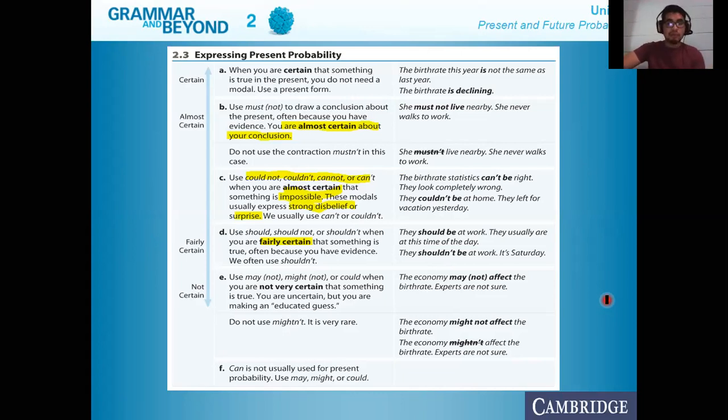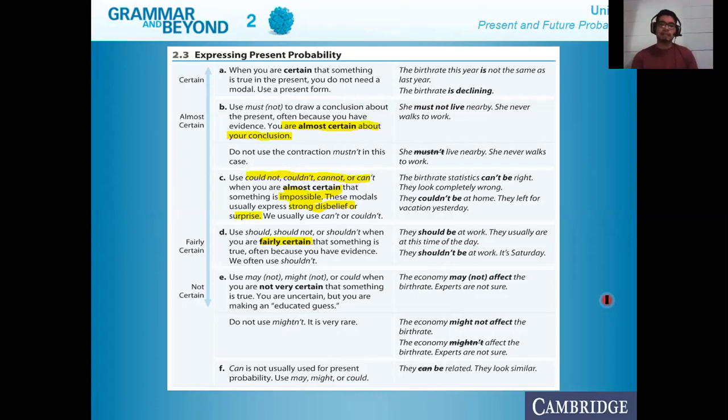For that reason, when we're talking about present probabilities in the affirmative form, we use could, may, or might. But can, we cannot use it. Sorry for the mistake over there. So can in the affirmative form to make guesses is not a proper use of this structure. Just could, or might, or may.